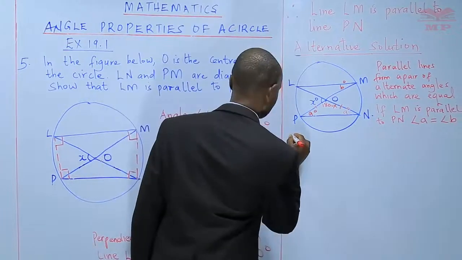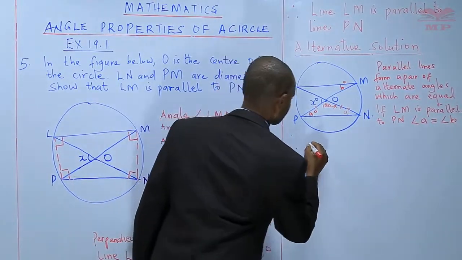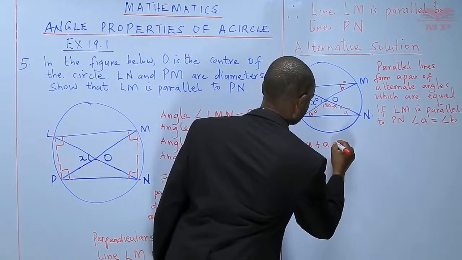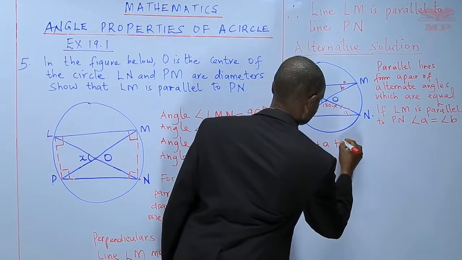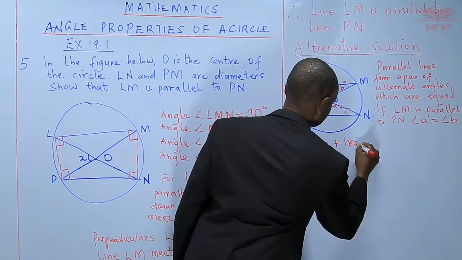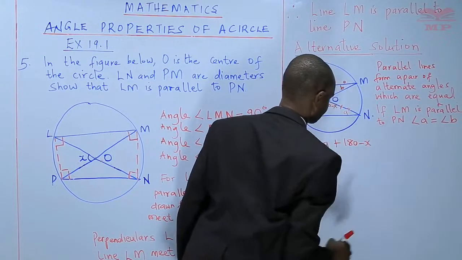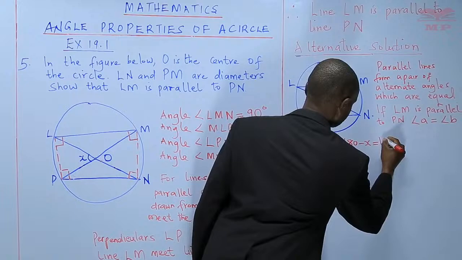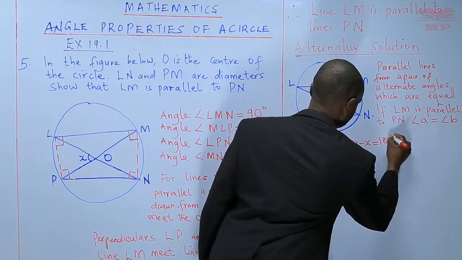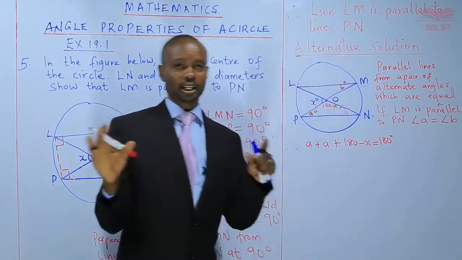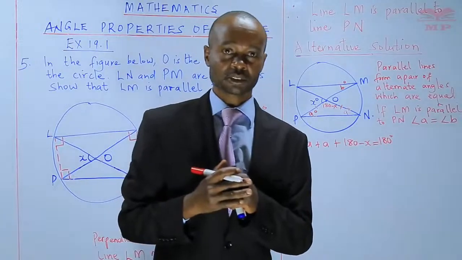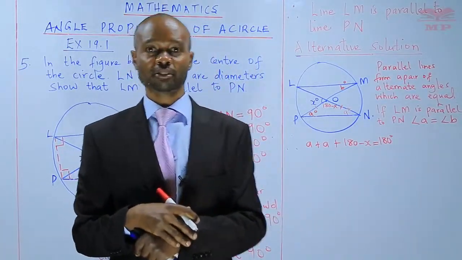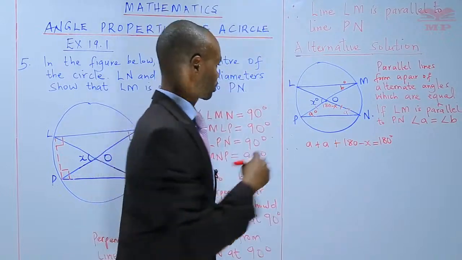Therefore A plus A plus 180 minus X should give us 180 degrees, because there are three angles in a triangle. From that equation, we shall get the value of X. So we continue.